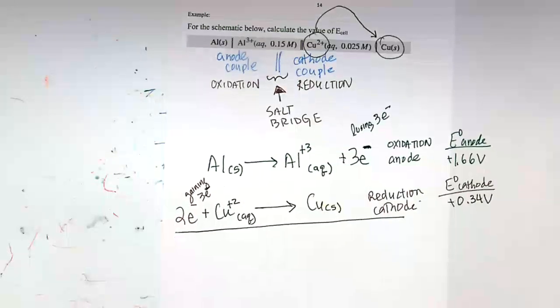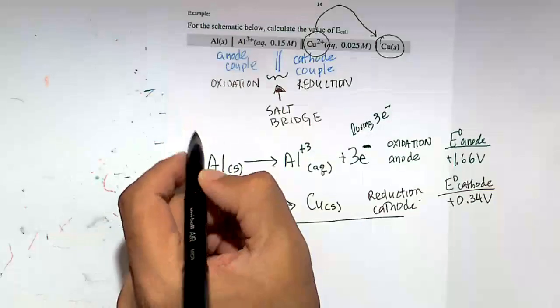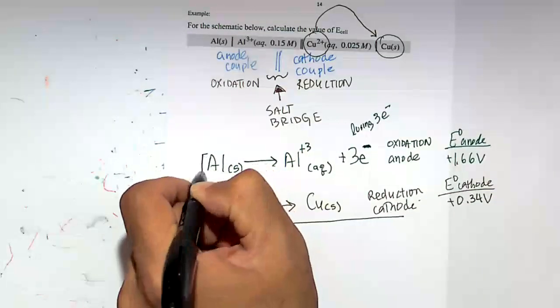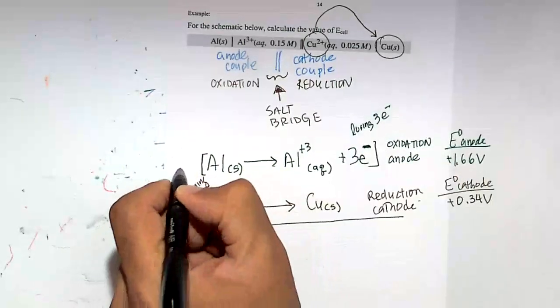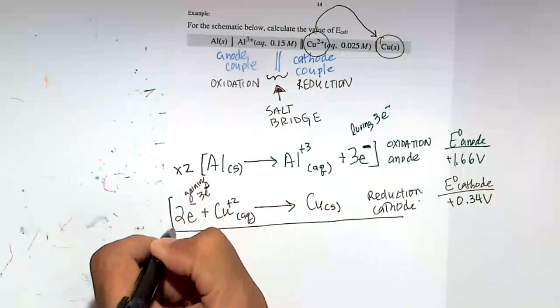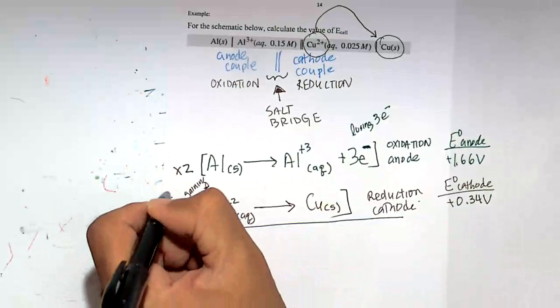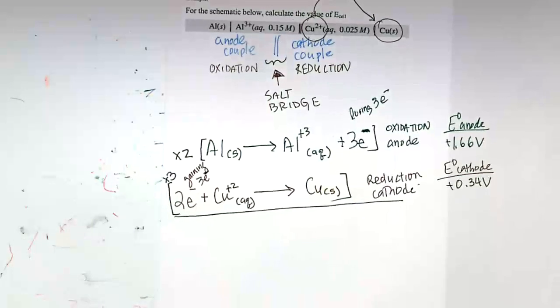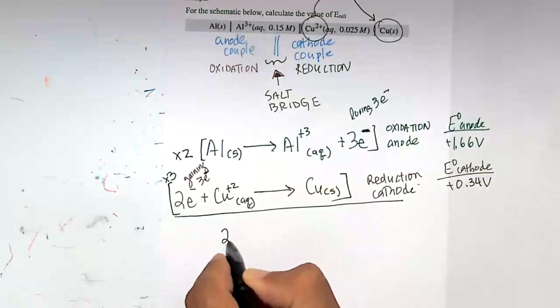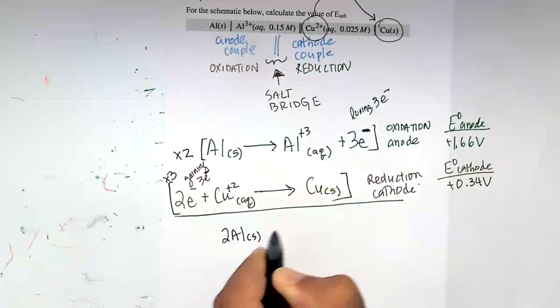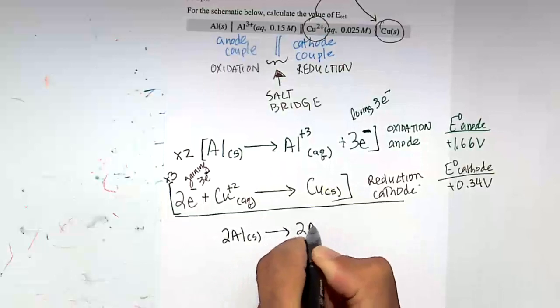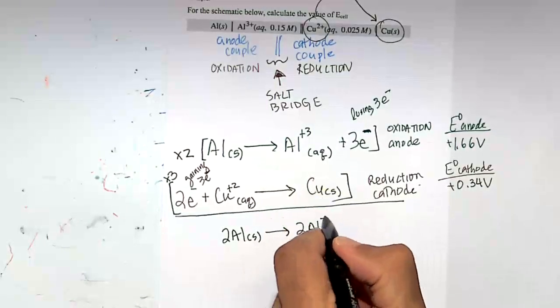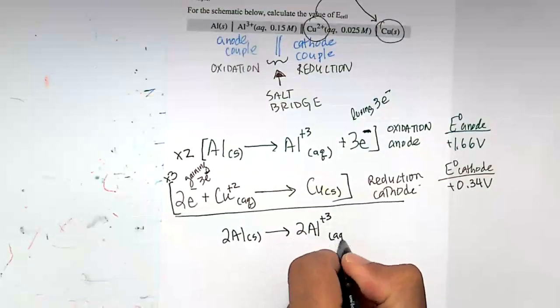How many electrons are transferred here? I need to cancel out my electrons first. To do that, I'm going to multiply the top one by 2 and the bottom one by what number? 3. So how many electrons are being transferred in this reaction? This is a 6 electron transfer reaction. Everyone see this?